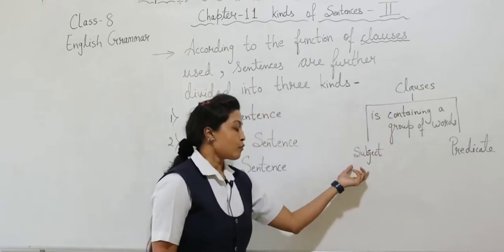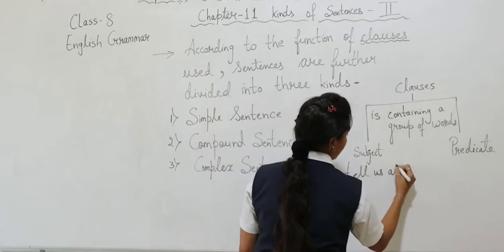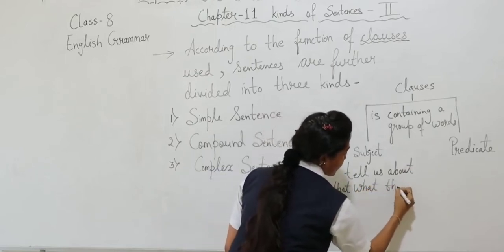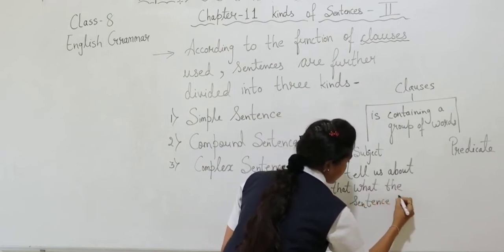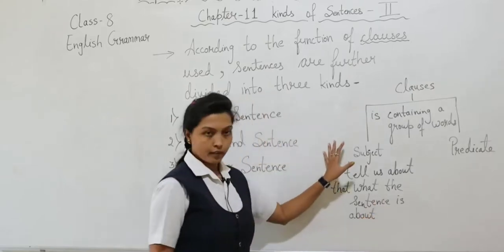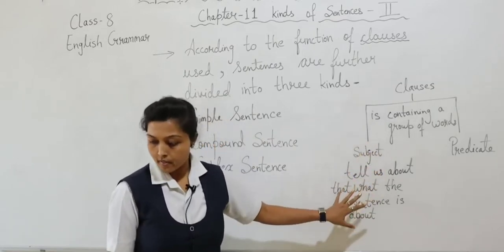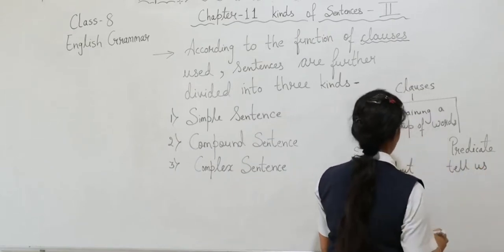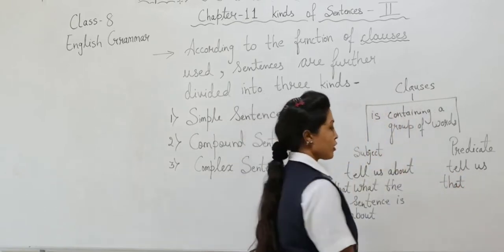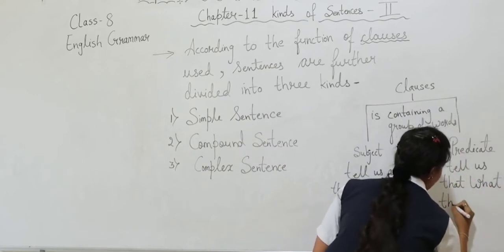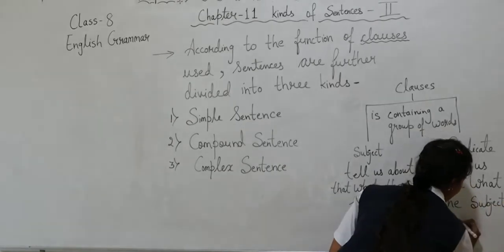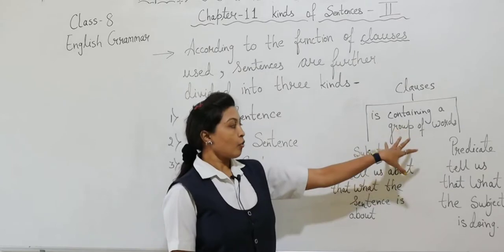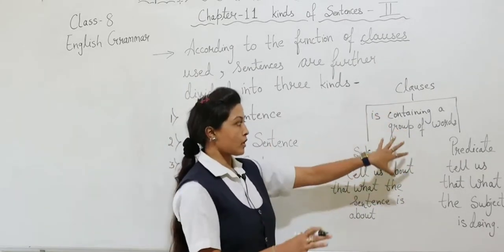In a clause, the subject tells us what the sentence is about, and the predicate tells us what the subject is doing.